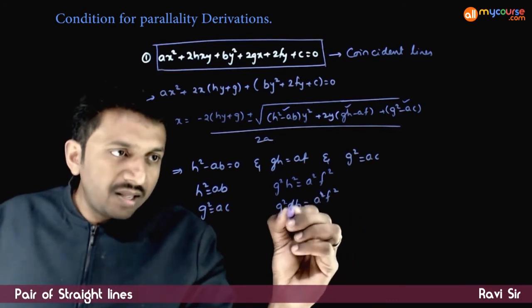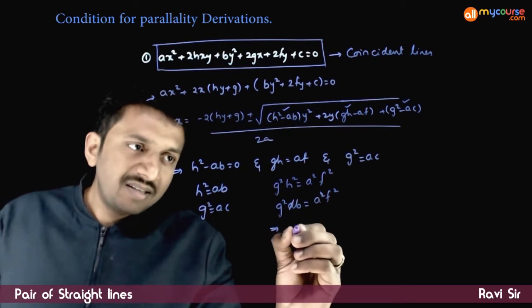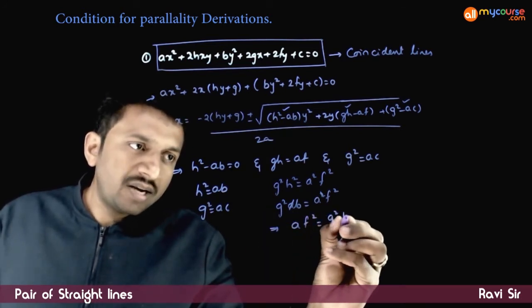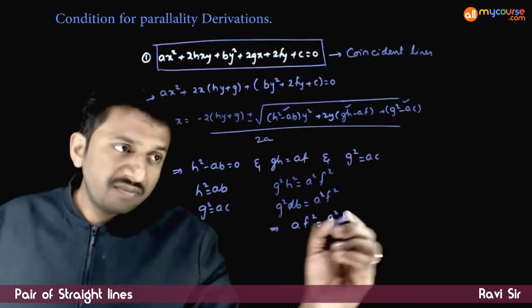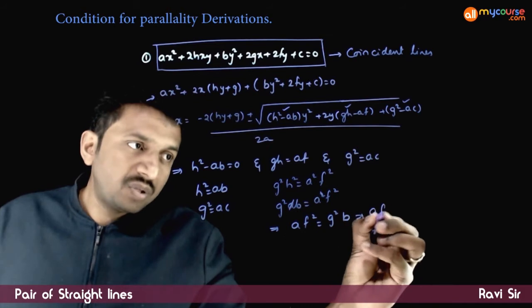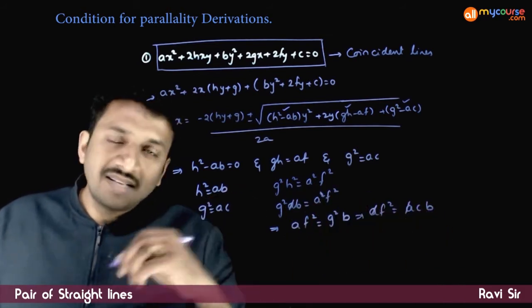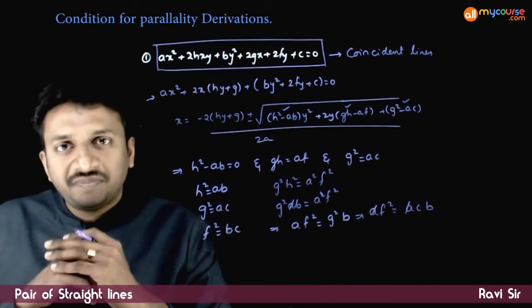So one a will get cancelled. This implies af square is equal to g square b, and g square is equal to ac. So af square is equal to acb. A is getting cancelled, so f square is turning out to be equal to bc.